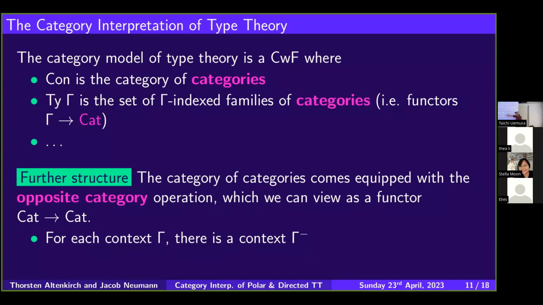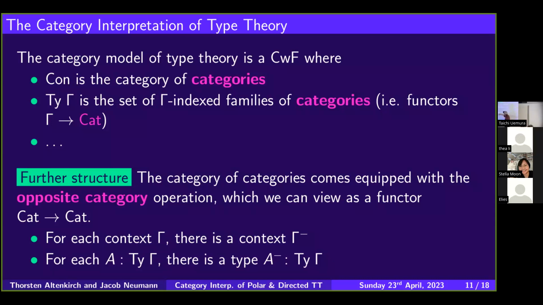This is what I was referring to as deep polarity, in that it's not just a polarity on the types and on the terms of the theory, but on the structure of how the theory works itself. It's on the context, so it's a deep polarity. And then there's a shallow polarity as well.